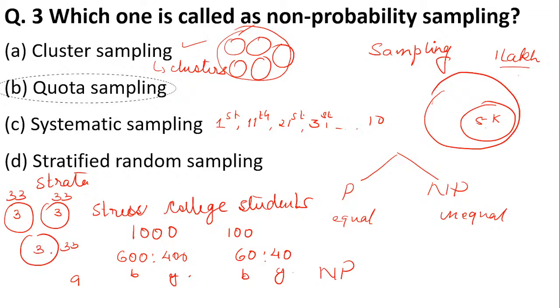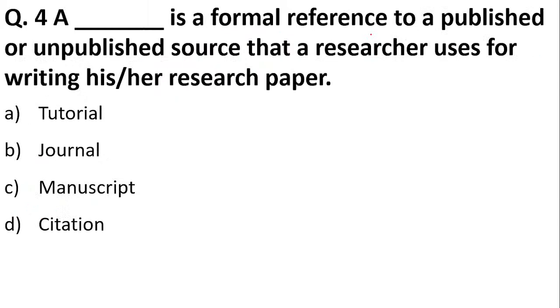So this is stratified sampling. You take the whole population, divide it into small strata, and select some from here, some from here and some from here. While in cluster sampling, you divide the population into clusters and then randomly select any one cluster. So this is the difference between stratified and cluster sampling. Okay, got it? Let's see the next question.